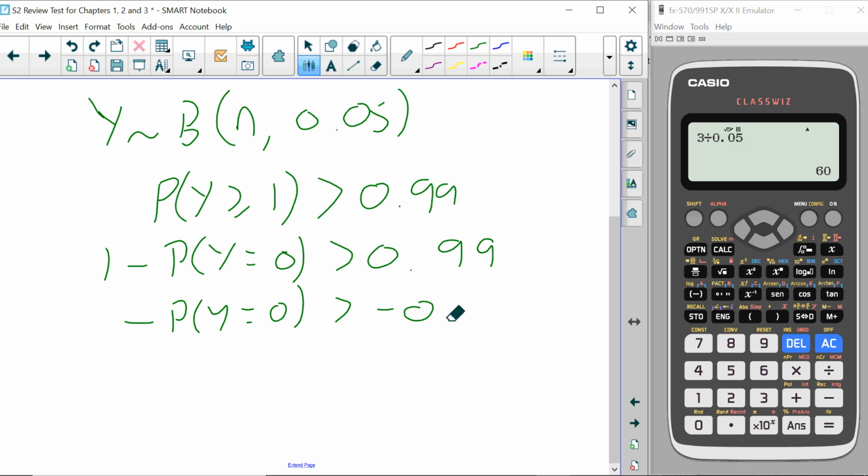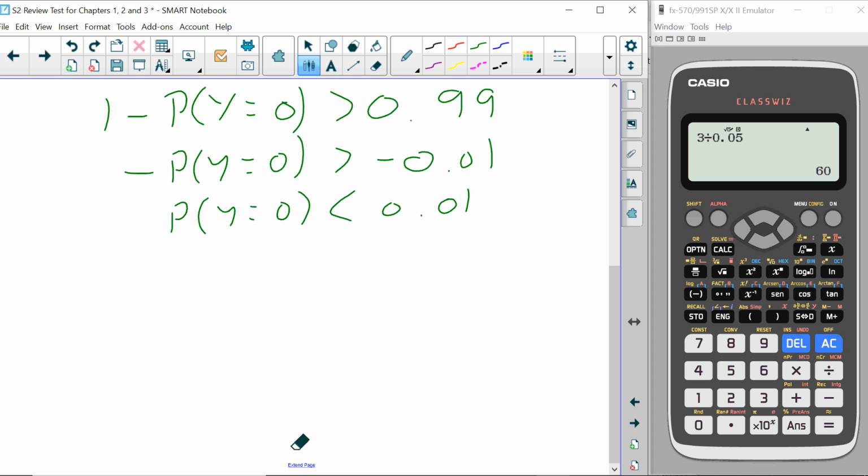Well, that's minus 0.01. Now, hopefully you remember that to deal with inequalities like that, to make them positive, I can multiply through by the negative, that's fine, but that changes the sign around. So be very careful of that. You've got to make sure that you do swap that sign when you multiply or divide by a negative. That's also going to come in handy later on in this question. So, I've now got this set up.